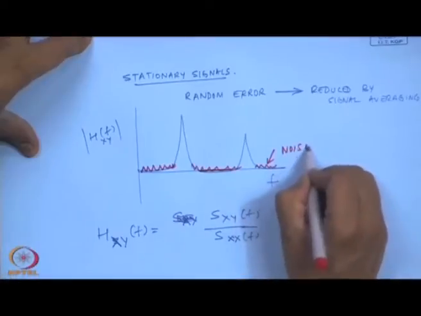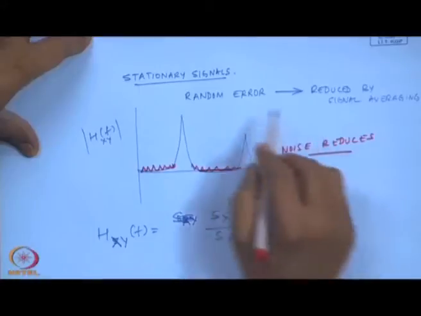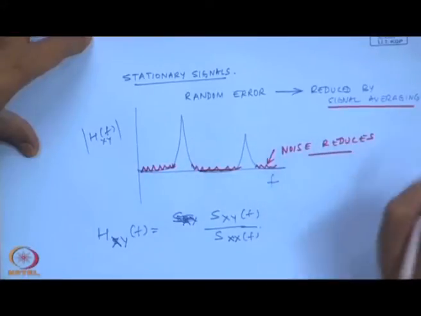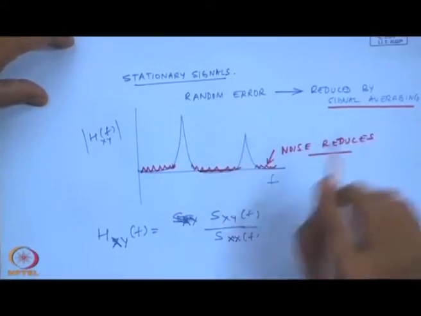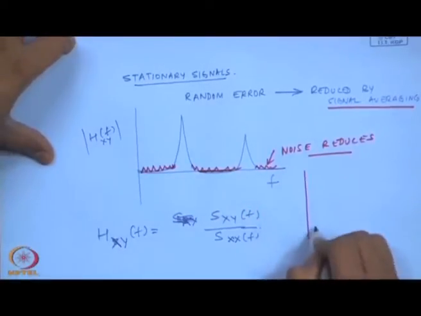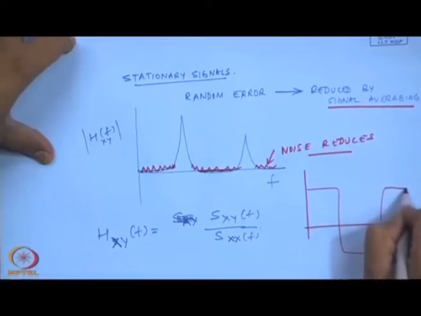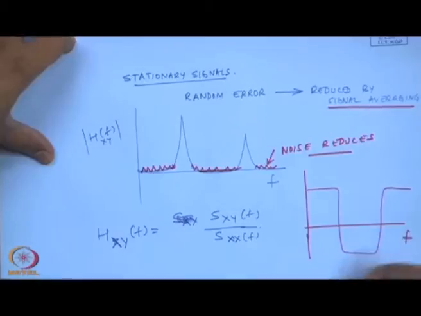Noise reduces by signal averaging. Now, similarly for this, if you look at the phase, it also is pretty nicely defined.